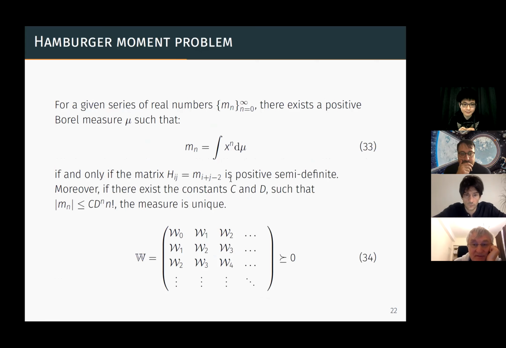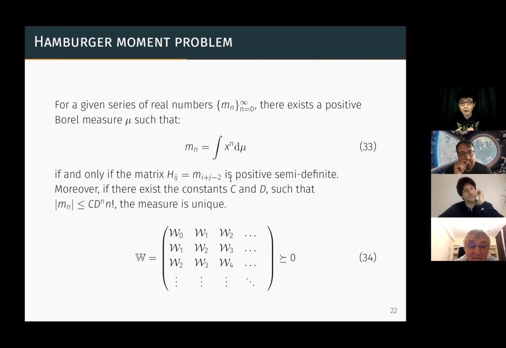Luckily, this could be done by using the solution of the Hamburger moment problem. What is this theorem? Let me describe it in a very non-rigorous but easy way. We are given a series of real numbers, and we ask: does there exist a positive Borel measure on the real axis such that this series of real numbers are just the moments of this measure?